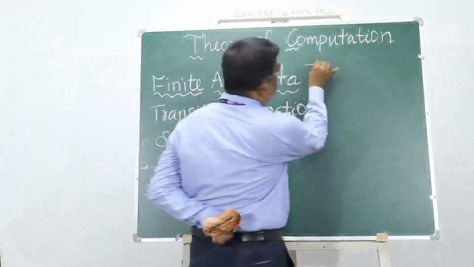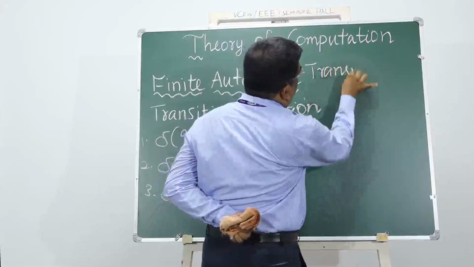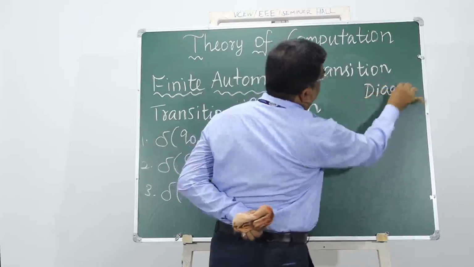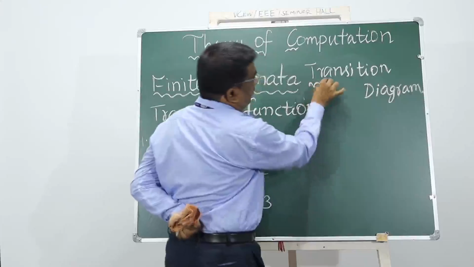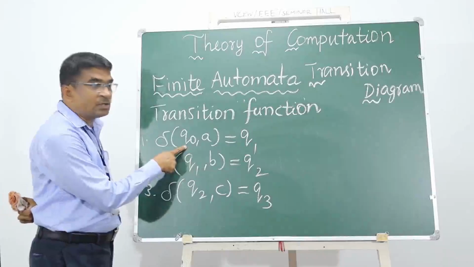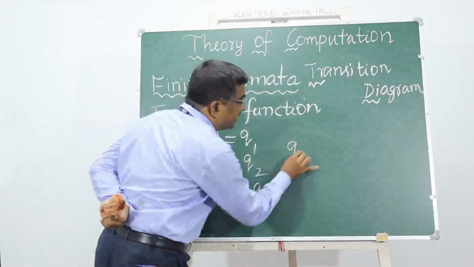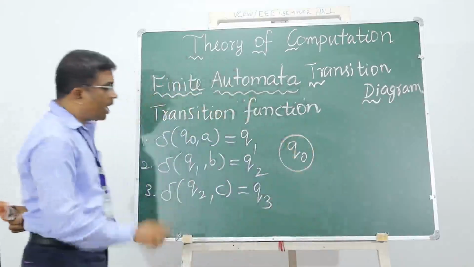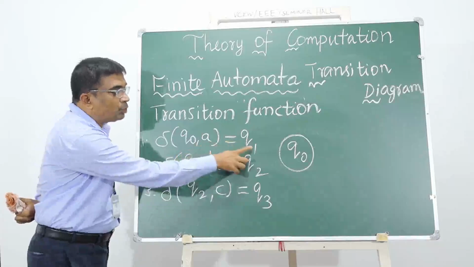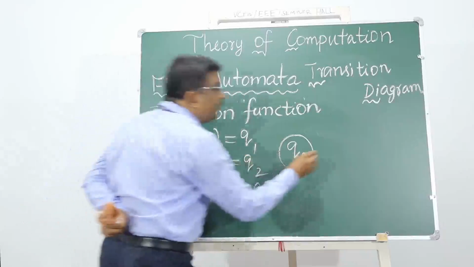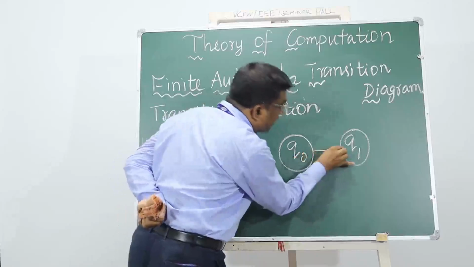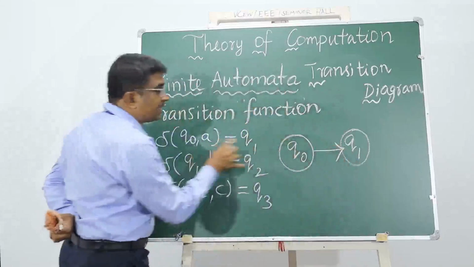Using these three transition functions, next we will move to the transition diagram. Here q0 is the initial state, so I start with the first state as q0. From the q0 state the input symbol is a and the output state is q1, so I will add one more state q1, with this transition flow labeled with the input symbol a.